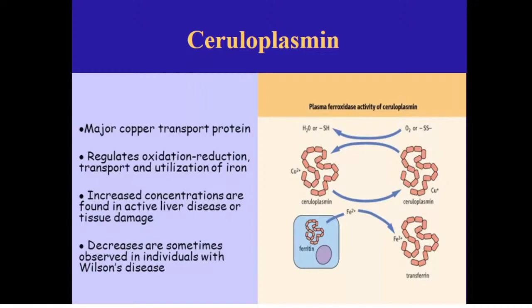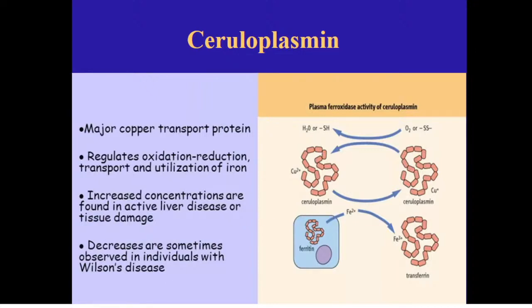One more enzyme in our blood is ceruloplasmin. This is a ferroxidase that can interact with oxygen and helps in transport of iron.